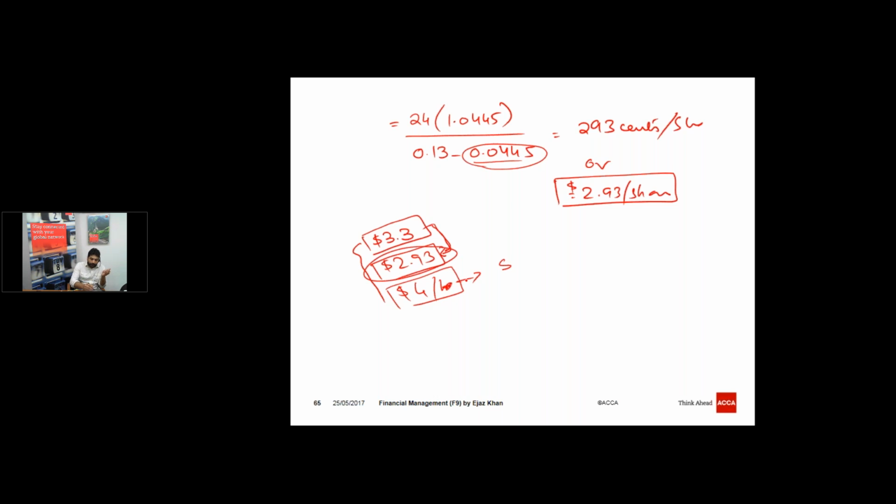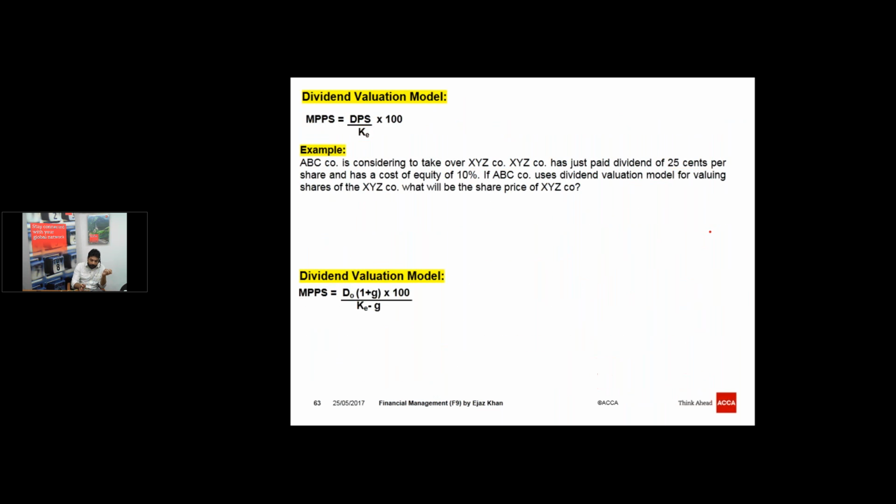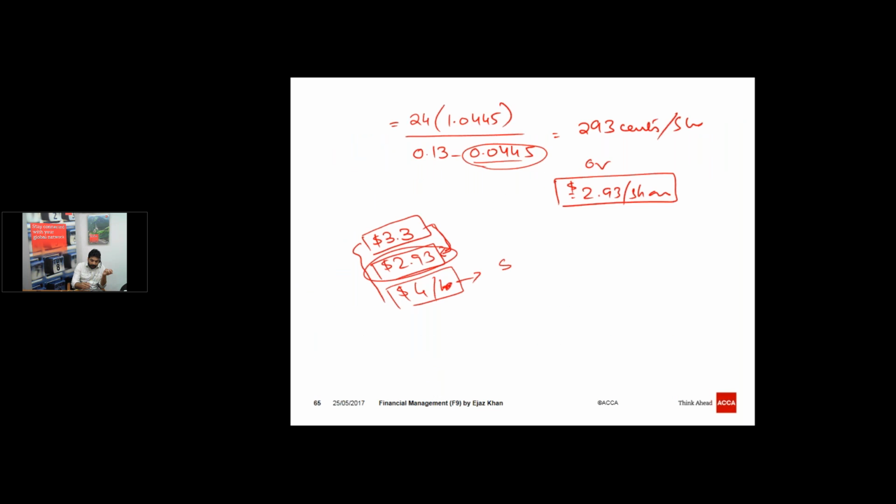Let me repeat. If you remember, we have used the average price earning ratio, that is 10 times. We multiplied it with the EPS of the company and we got $4 per share. But the actual price is just $3.3. What does this mean?